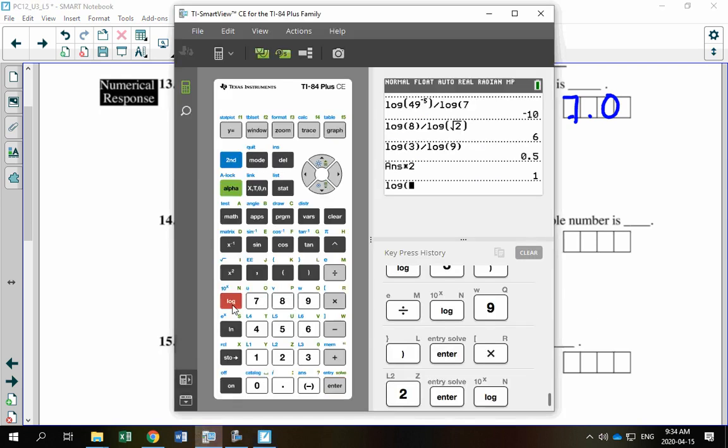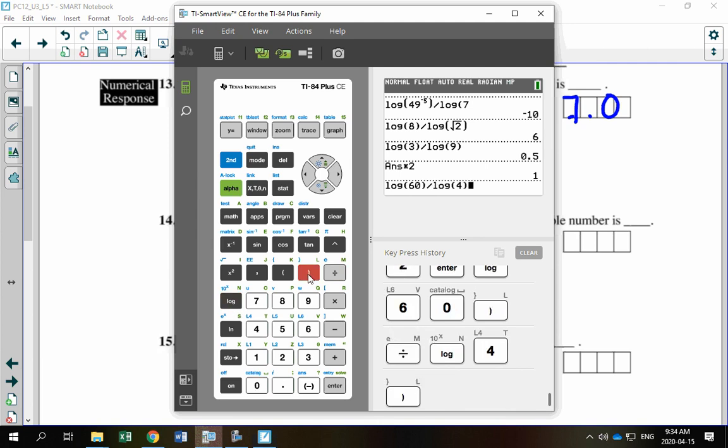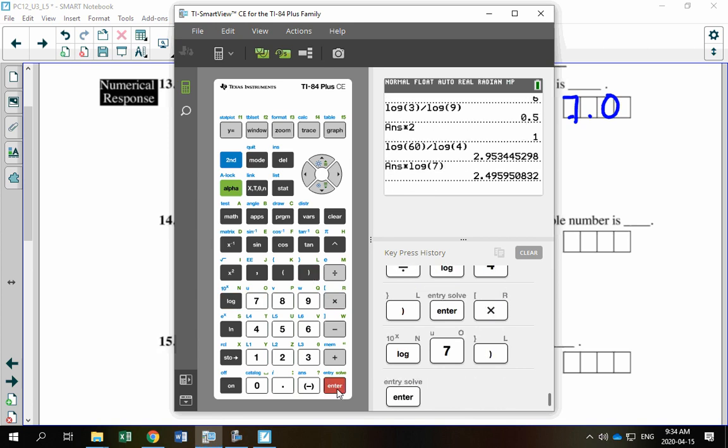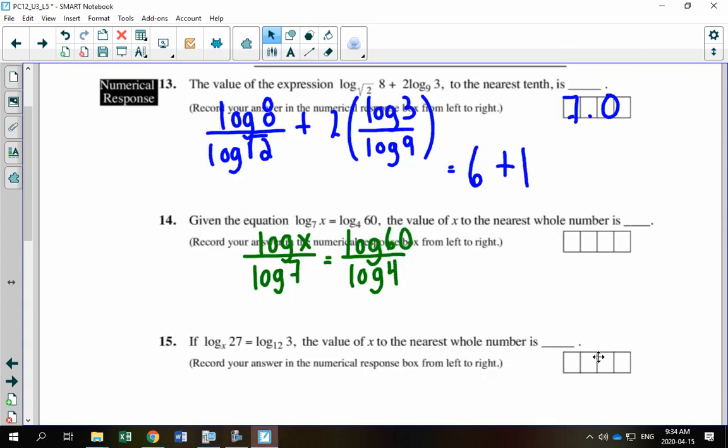So if I go log 60 divided by log 4, I get that decimal, and I'm going to multiply it by log 7 to bring that log 7 over. So 2.4959.